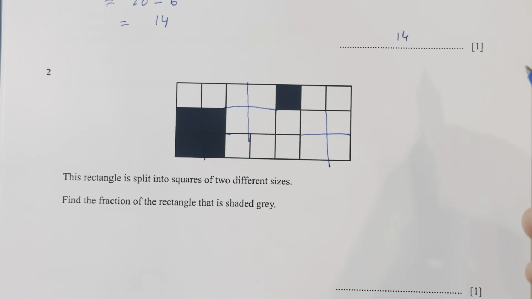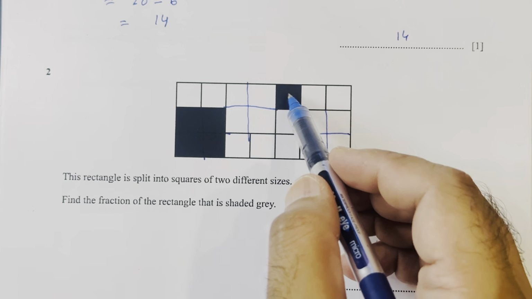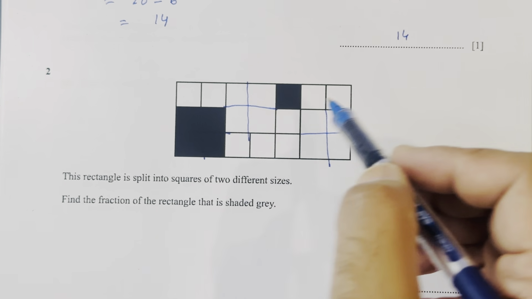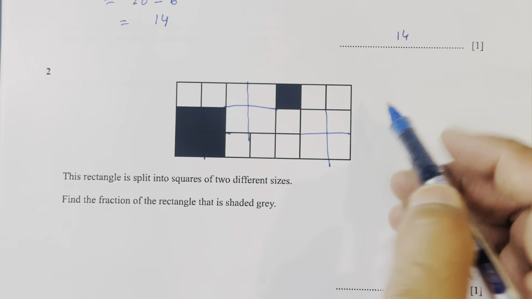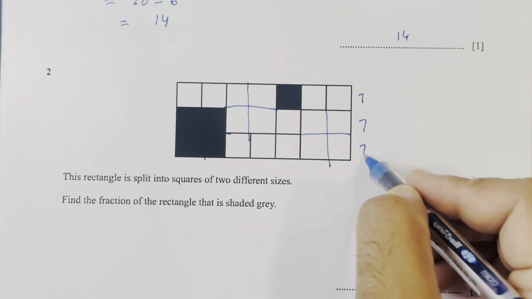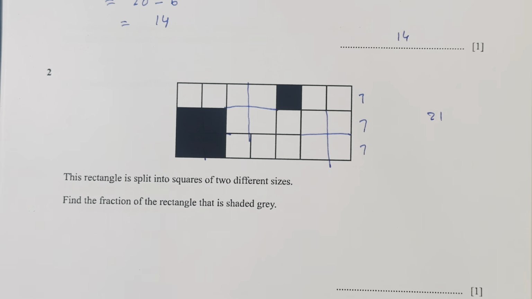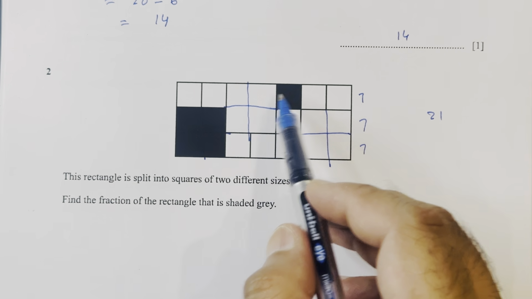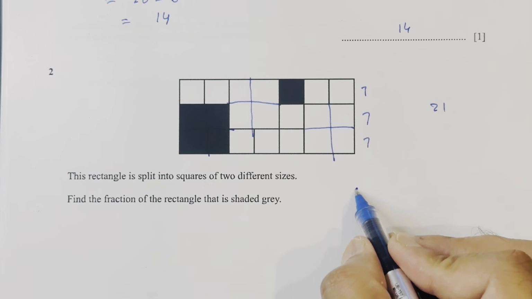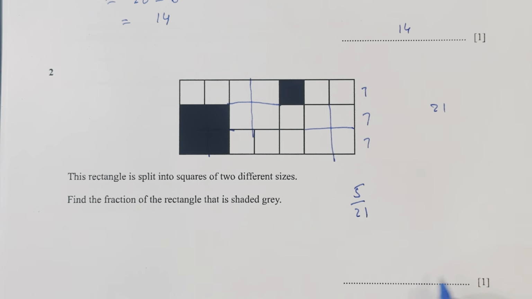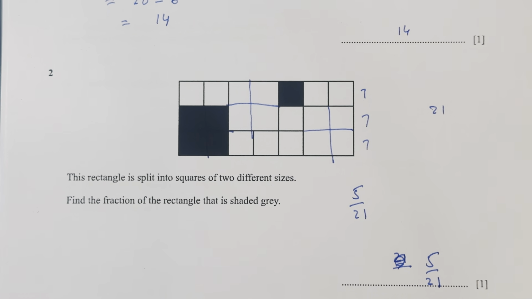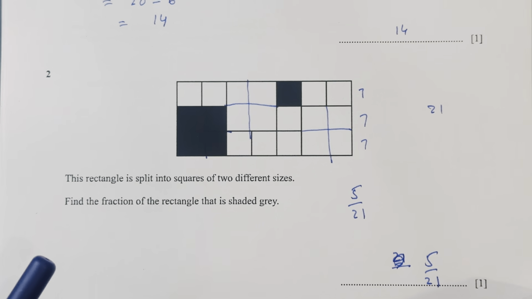Now you need to calculate the total number of boxes. 1 2 3 4 5 6 7, or 7 again here. 7, 7, 4, 21 are the total boxes. Now the shaded boxes are 1 2 3 4 5, so the answer would be 5 by 21.